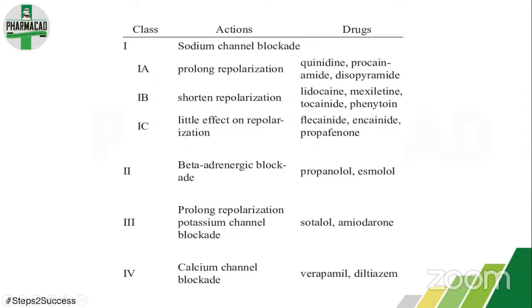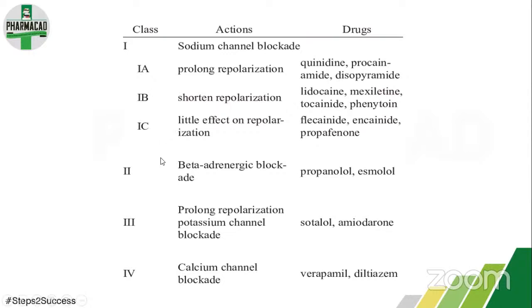Class 1C has little effect on repolarization, and the drugs that belong to this class are flecainide, encainide, and propafenone. There is no proper way to remember these drugs. For example, you can remember beta blockers as OLOL, but these drugs are quite undifferentiated in their terminology.